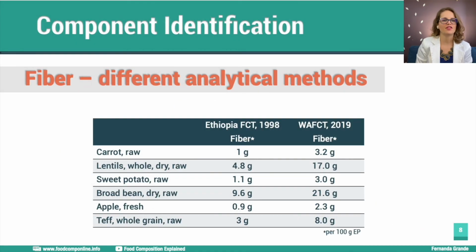And for the fiber example, we can go back here and we will see that the food composition table from Ethiopia has lower values than the food composition table from West Africa. And this is why. The Ethiopian food composition table presents the crude fiber, and this is the tag name, while the West African food composition table presents the total dietary fiber.